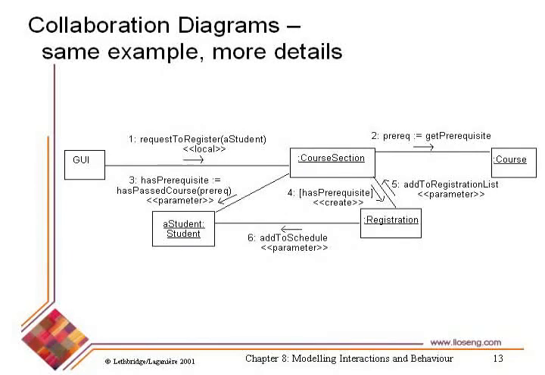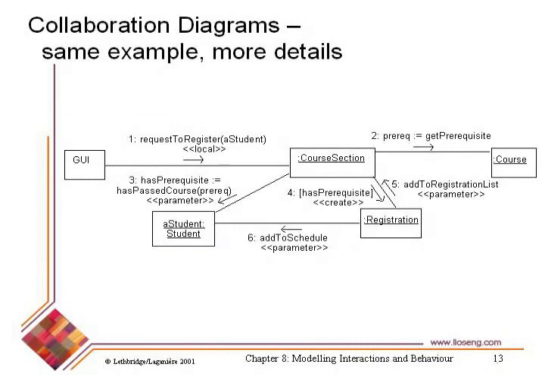coming from. Okay? So for example, when we say parameter, what we're saying is that the student was originally a parameter of the course section; it has obtained this student as a parameter.